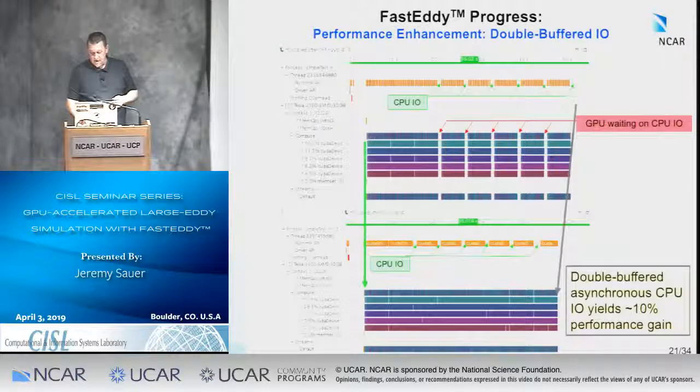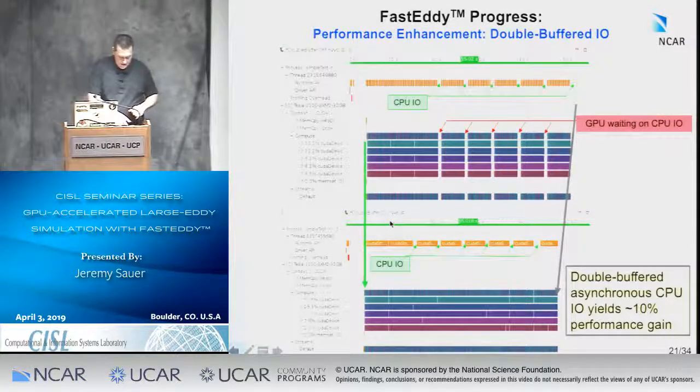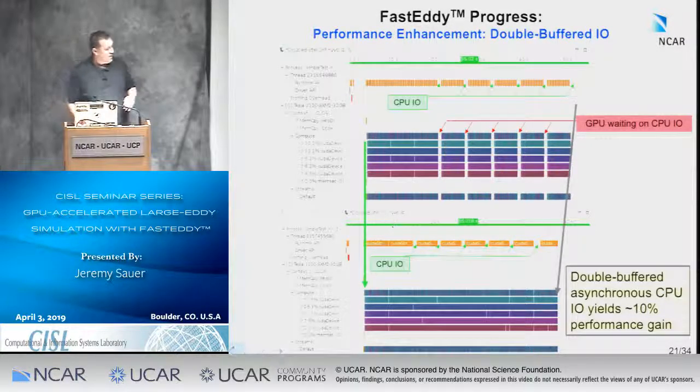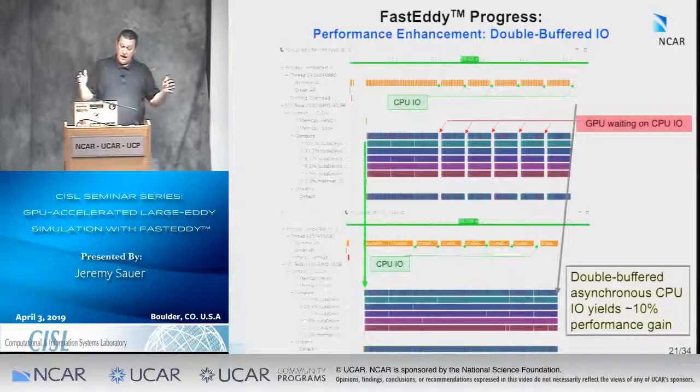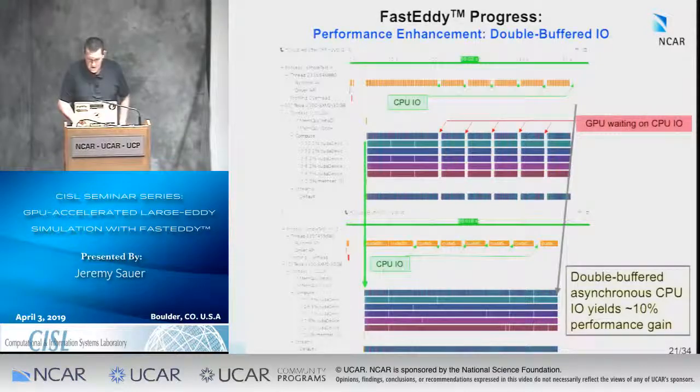And so for this small problem size, we're seeing something along the lines of a 10% performance gain. Where this really helps is when we're doing the larger simulations, and we have quite a bit of compute, and dumping the state takes quite a bit of time, and those two things can overlap very nicely.